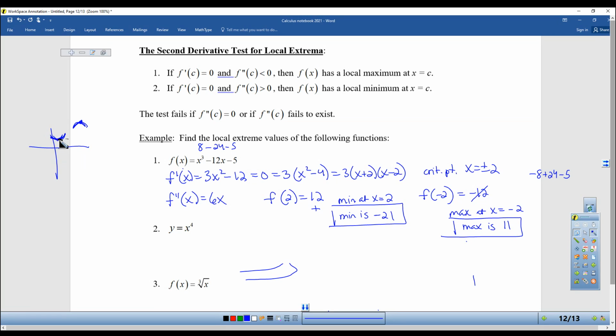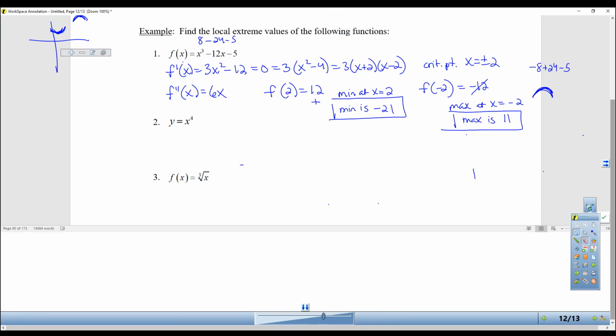And if the concavity is positive and it's going up, then it must be a minimum. It is a pretty cool idea. And for this one, they're saying at -2, I know that there's a concavity down, so it must be a maximum because it has a negative concavity. I still prefer to make a sign chart.